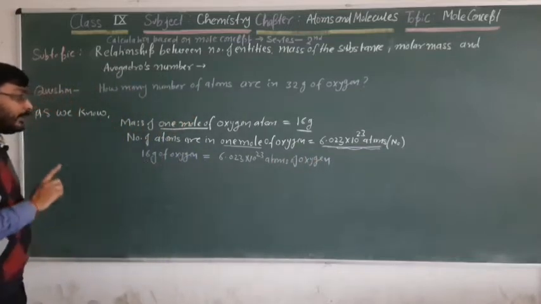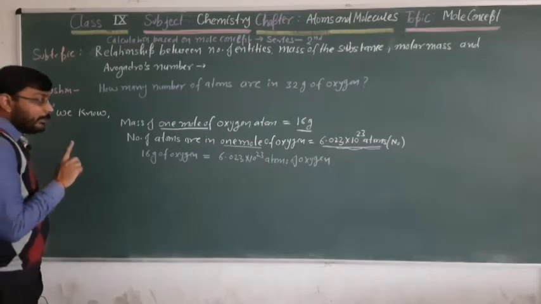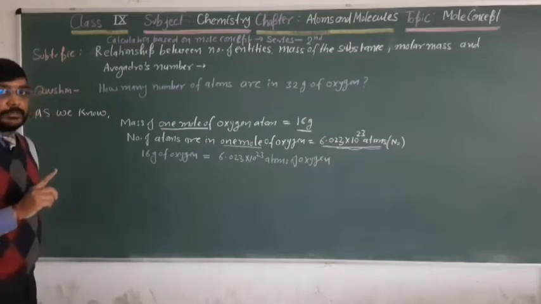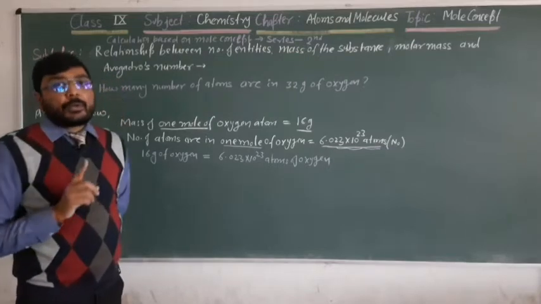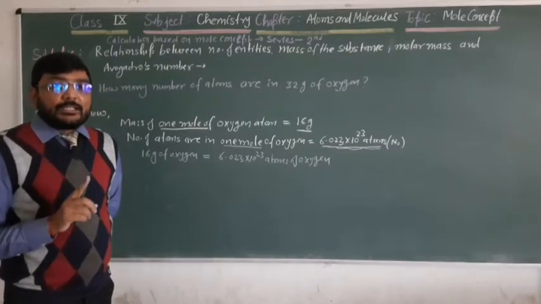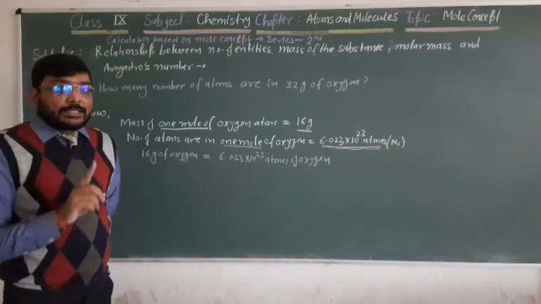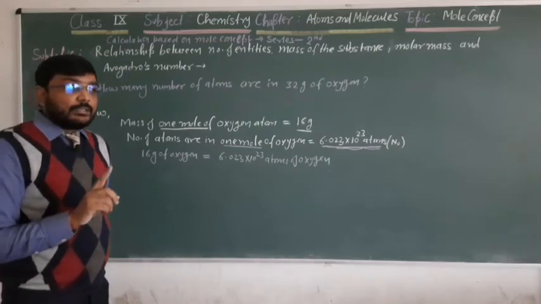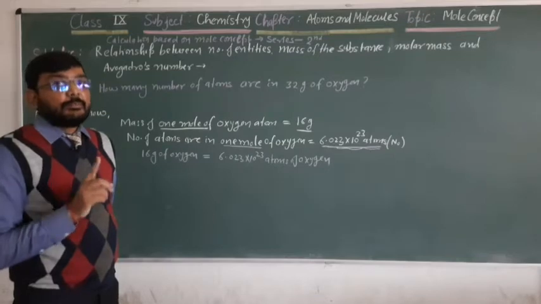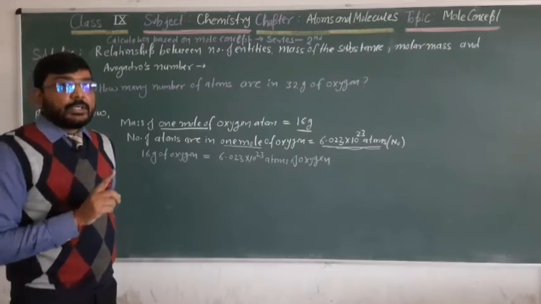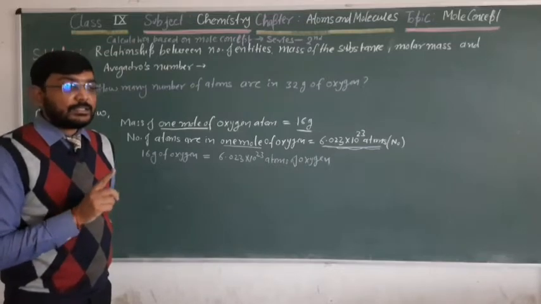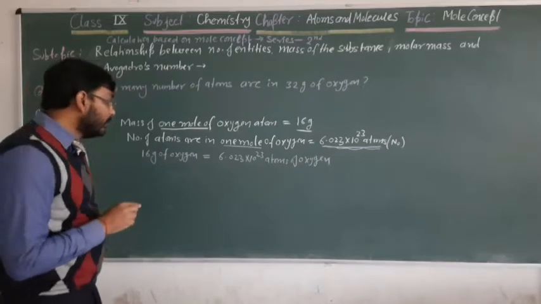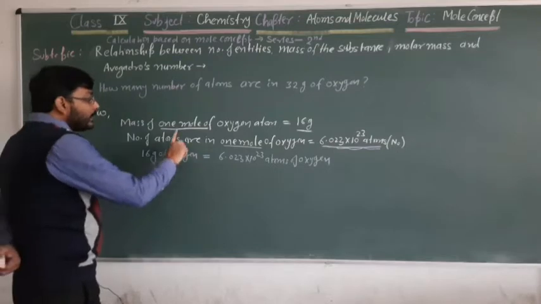Now we solve it by applying the unitary method. As I told you earlier, a mole concept problem is nothing but based on the mathematical concept of unitary method, which you have studied in class 6 and 7. So this is the application of the unitary method.